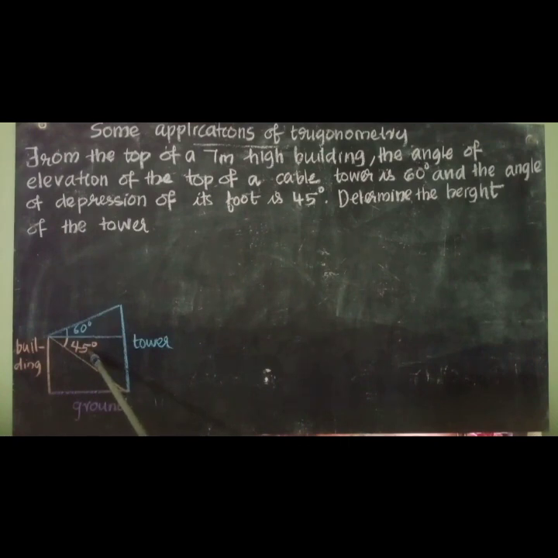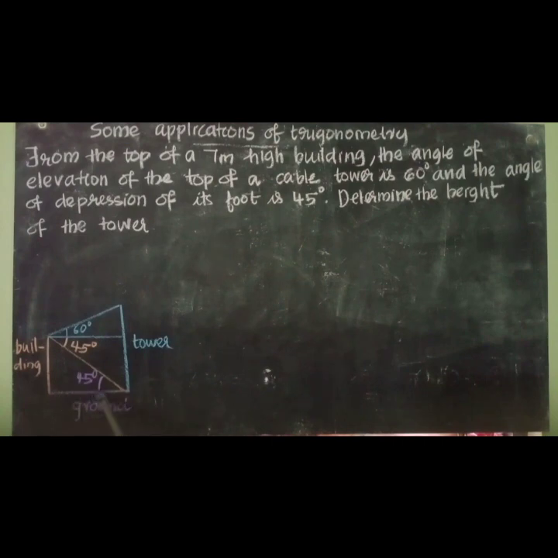And we have mentioned in the introduction part of angle of elevation and angle of depression that the angle of depression is equal to angle of elevation. So, here we can mark angle of elevation also. It also will be 45 degree.